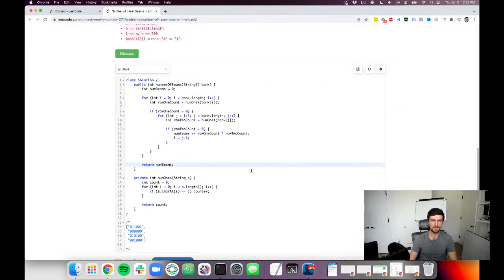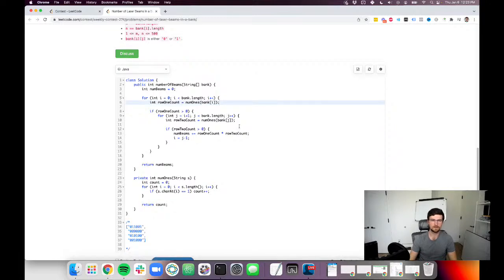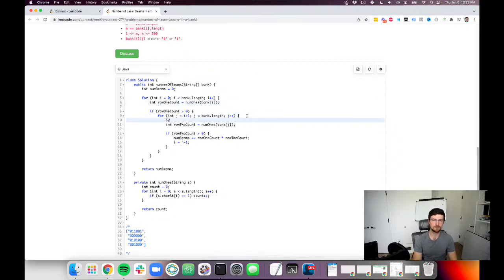Okay, so that obviously didn't work. So let's debug here. What I'm really wondering is what are the indices when we meet in the middle here?